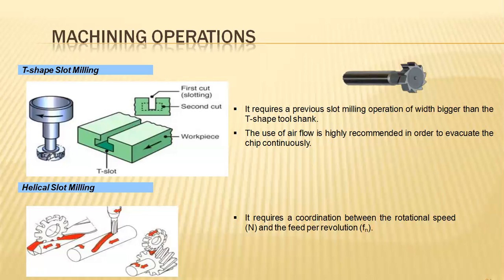For continuous chip morphology, or evacuation of the chip, this T-slot machining plays a major important role. For the case of helical slot machining, it requires coordination between the rotational speed and feed per revolution, because slant cutting plays a major role in getting good or accurate profile finishes.